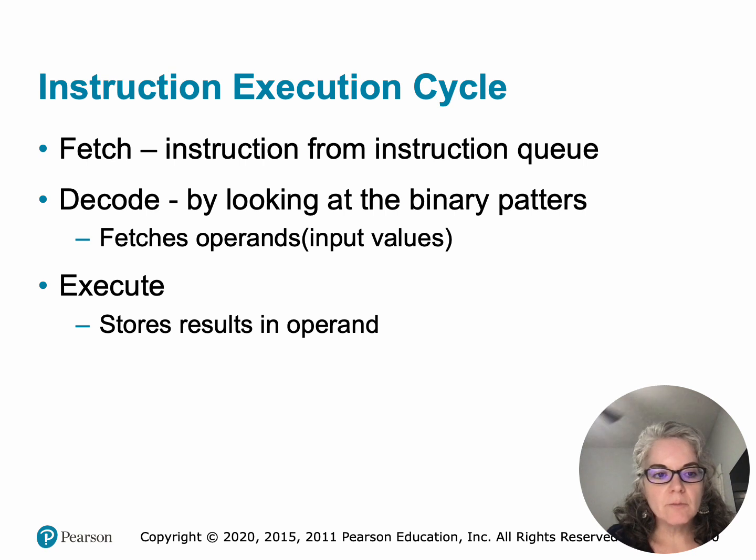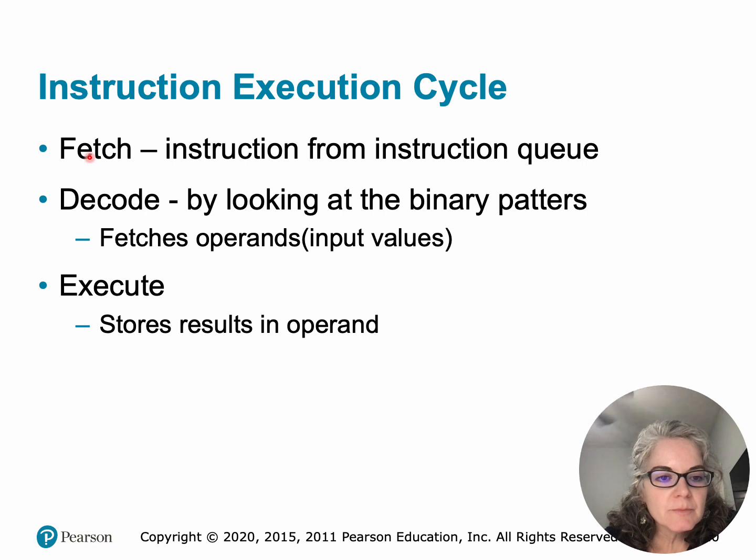Okay, a single machine instruction doesn't just magically execute all at once. There are some steps that happen, and this is called the instruction execution cycle. The first step is to fetch the instructions.